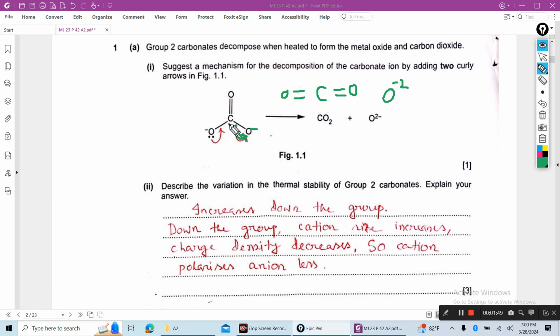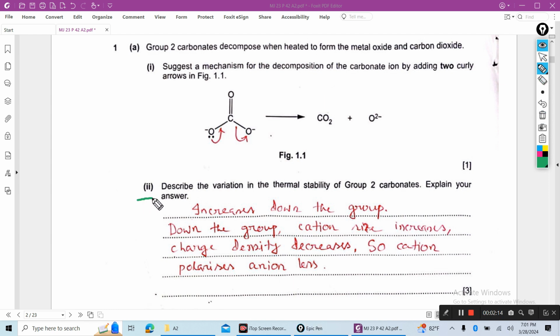Then this carbon becomes positive, so this lone pair of electrons goes to here and forms a double bond. So this is why the carbon oxygen double bond is produced.